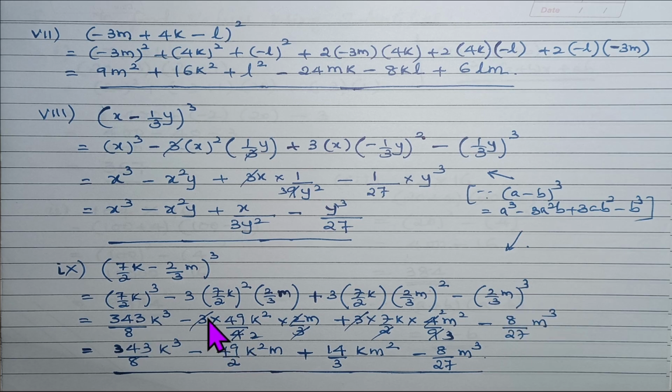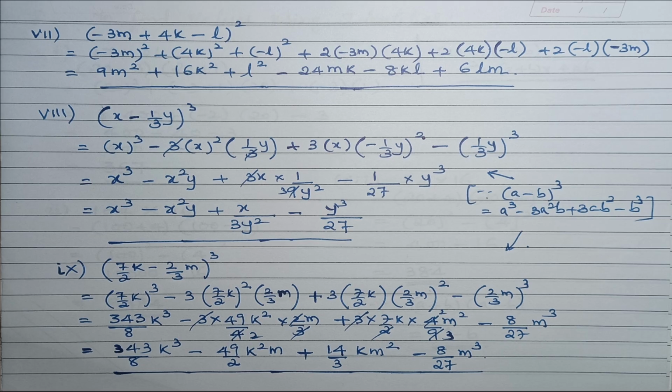Now let us simplify this. 3 and 3 get cancelled, 2 gets cancelled, 2 into 4, so 49 by 2 you get, and k square m, and here we have 3 threes are 9, 2 ones are 2, 2 into 7 is 14, divided by 3 km square, minus 8 by 27 m cube. Therefore the final answer is 343 by 8 k cube minus 49 by 2 k square m plus 14 by 3 km square minus 8 by 27 m cube.